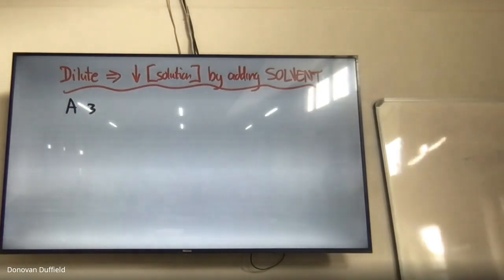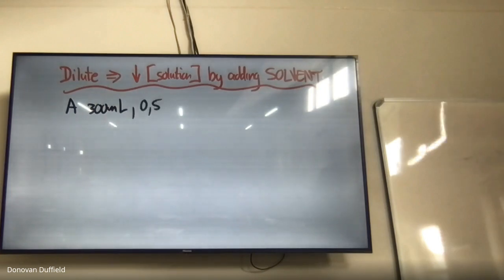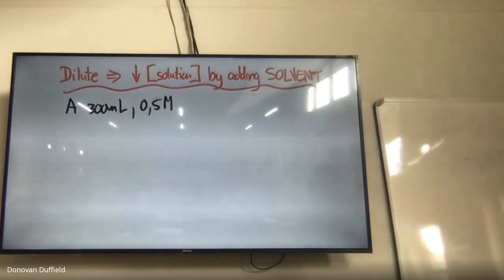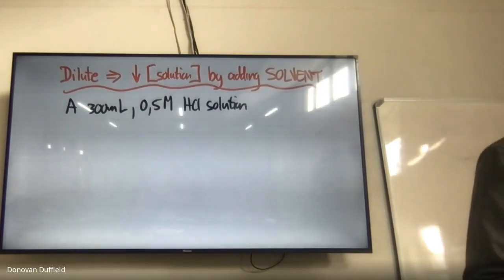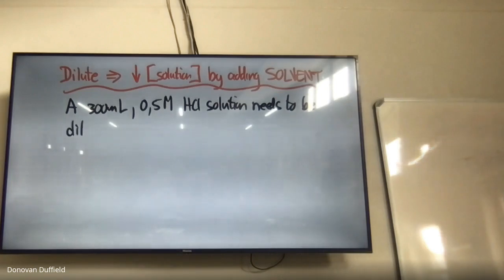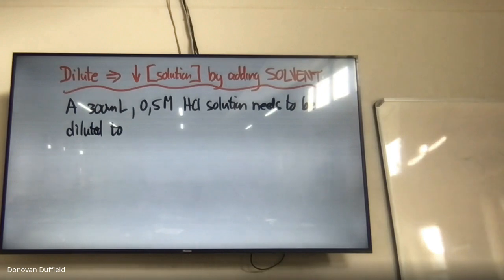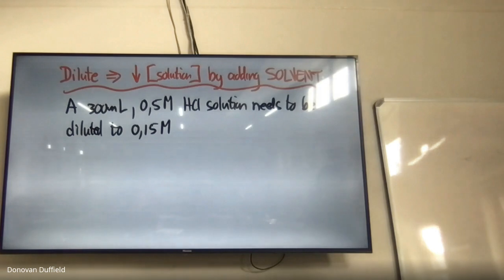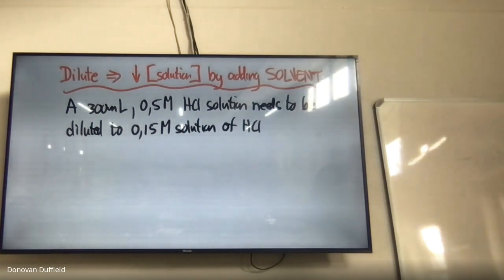A 300 milliliter 0.5 mole HCl solution needs to be diluted to a 0.15 mole solution of HCl.